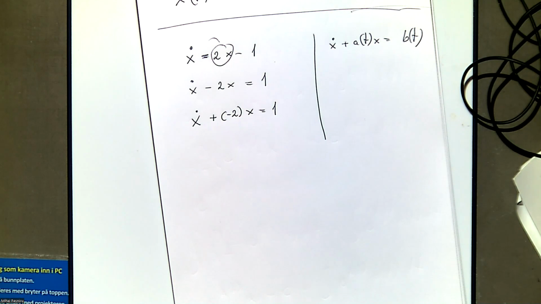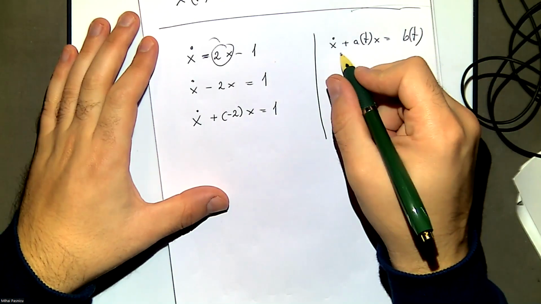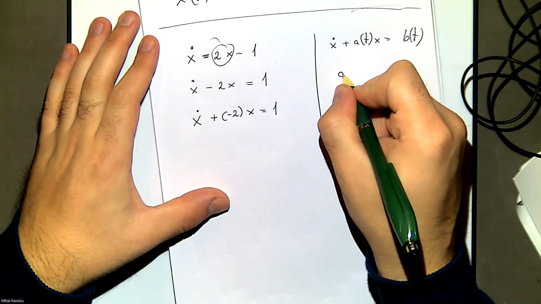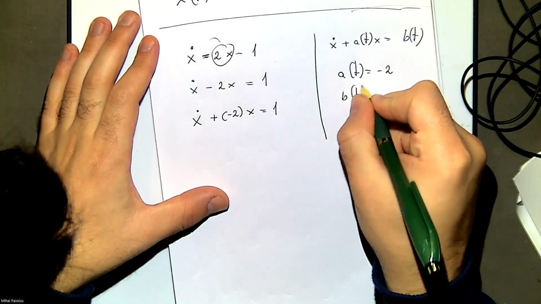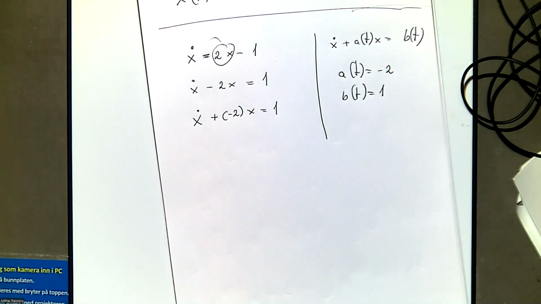The next step is to identify the stuff. If you look here, then I can just write that a(t) is equal to minus 2 and b(t) is equal to 1. All right, what's the next step that I said?